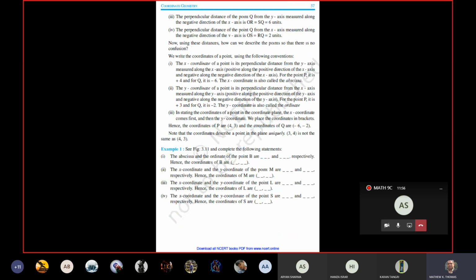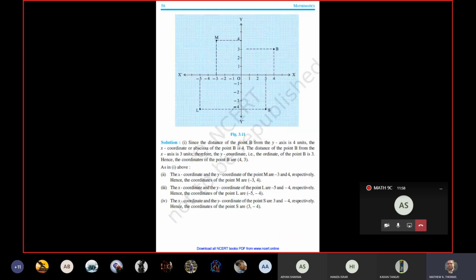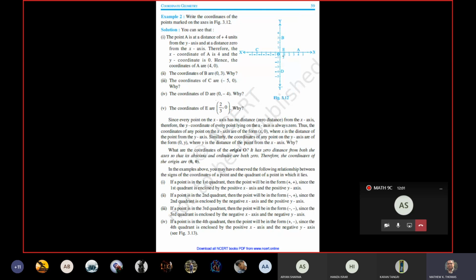After that, if you look at the plotting of the points, this is the x-axis, this is the y-axis, and the point of intersection of the x and y-axis is called the origin.